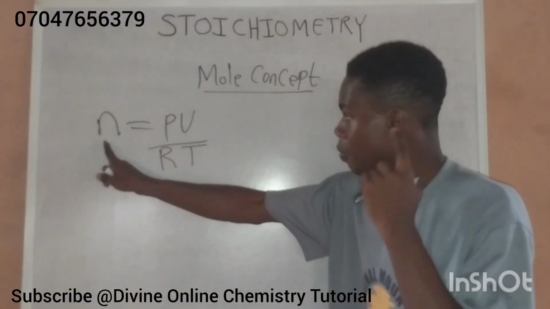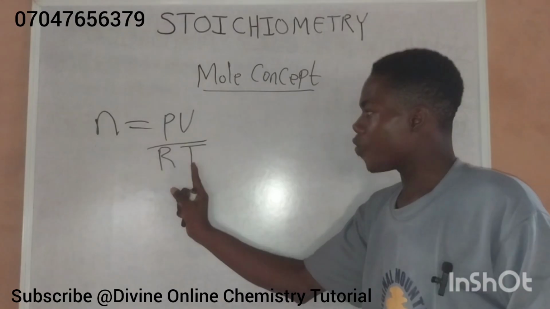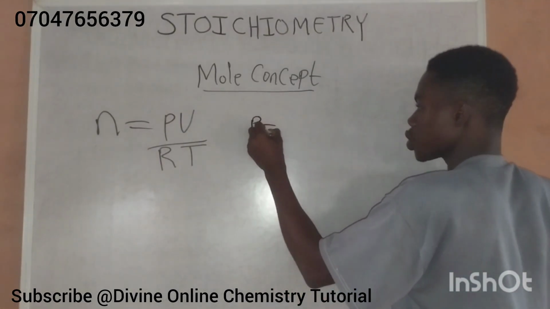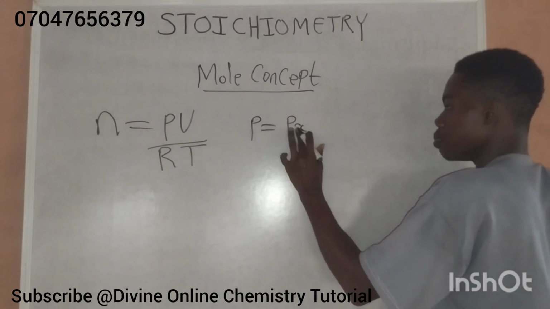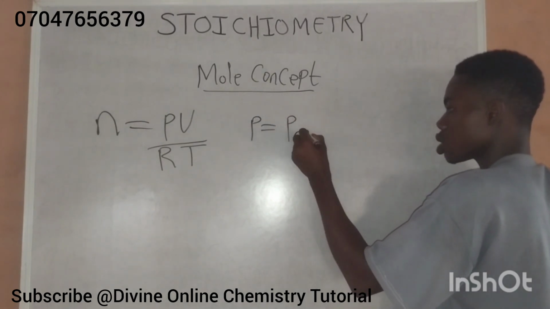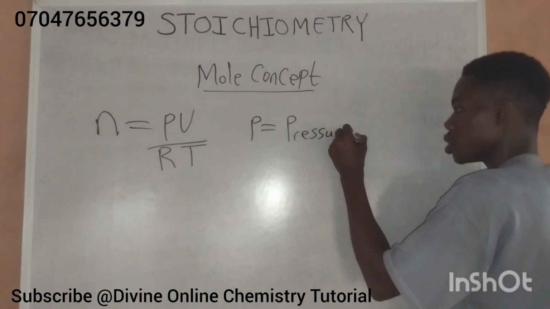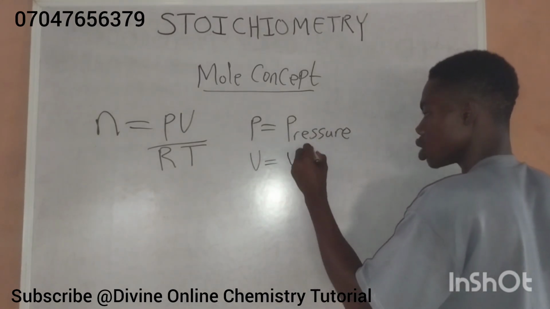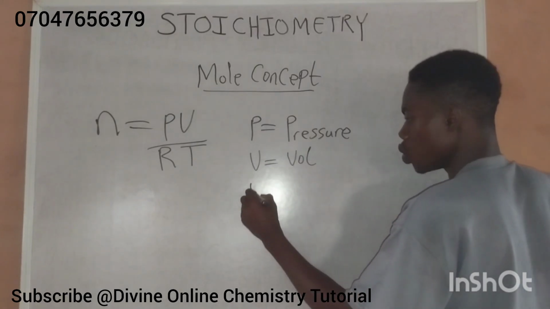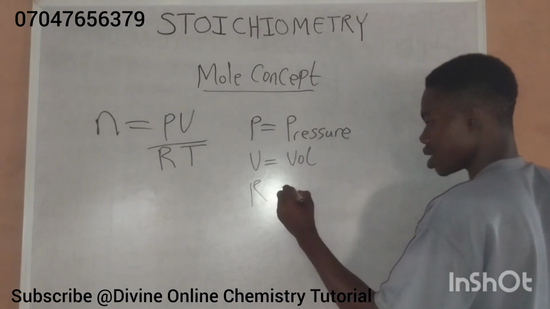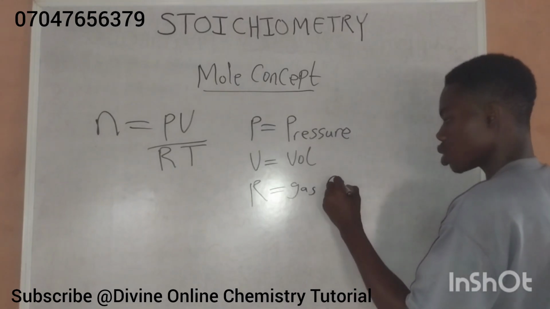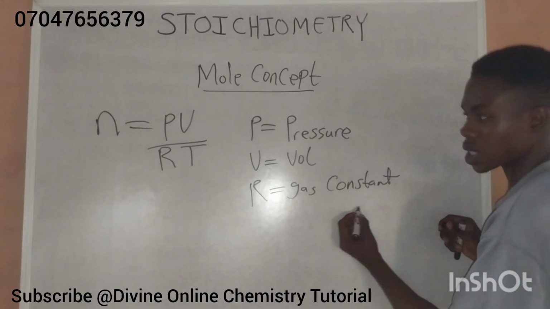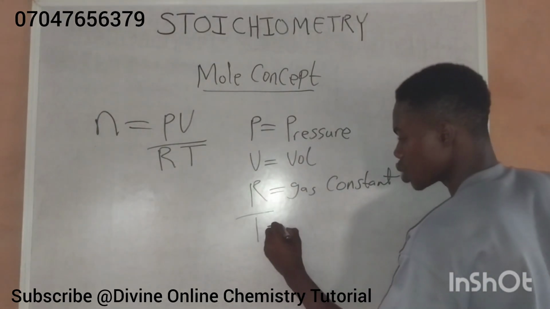N, which is the number of moles, is equal to PV over RT, where P is pressure, V is volume, R is the gas constant, and T is temperature.